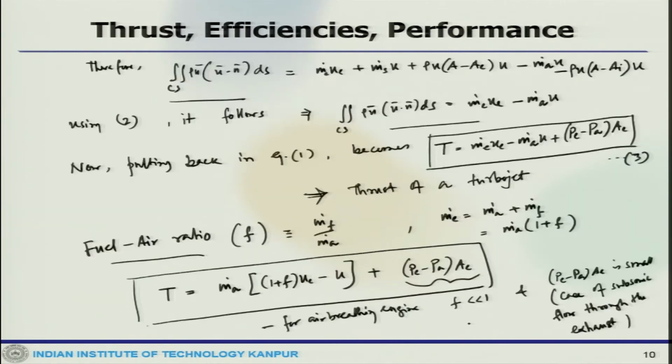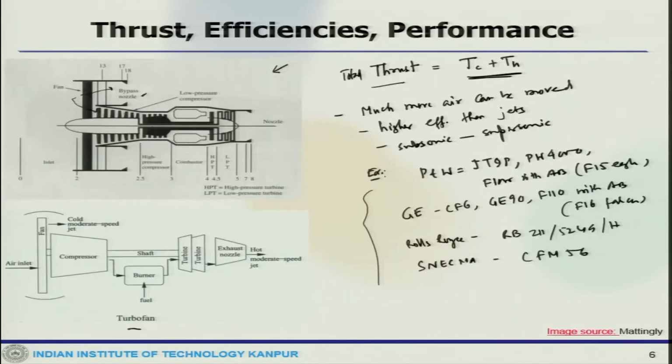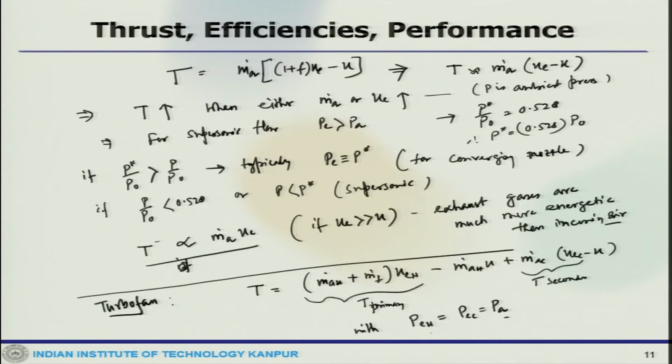Just to quickly get back to the picture that will give you an idea: in a turbofan you have a fan, and then there is a cold thrust by going through this bypass, and the rest goes through the engine. So that is the hot component and the cold component.